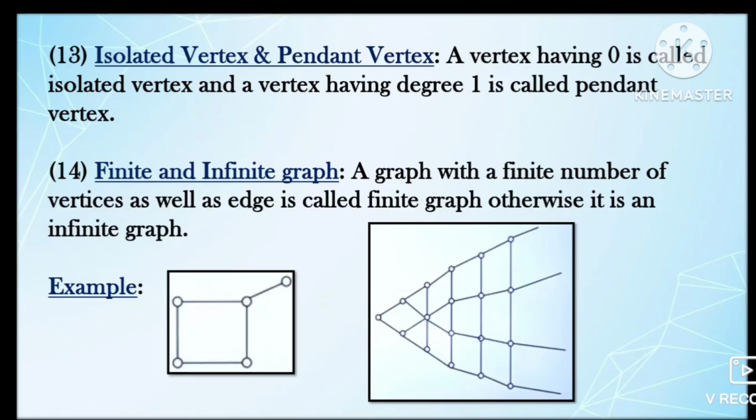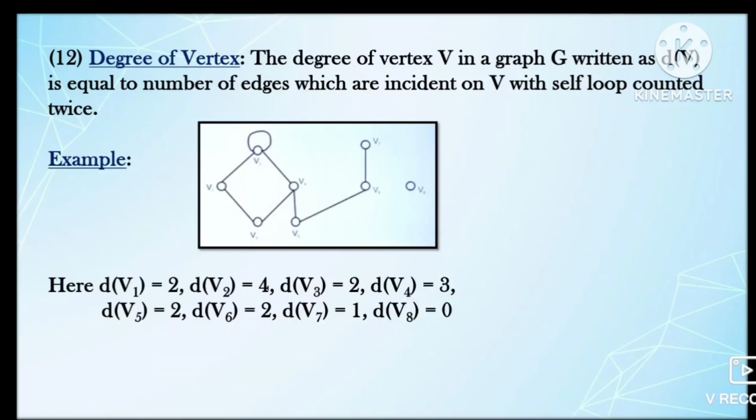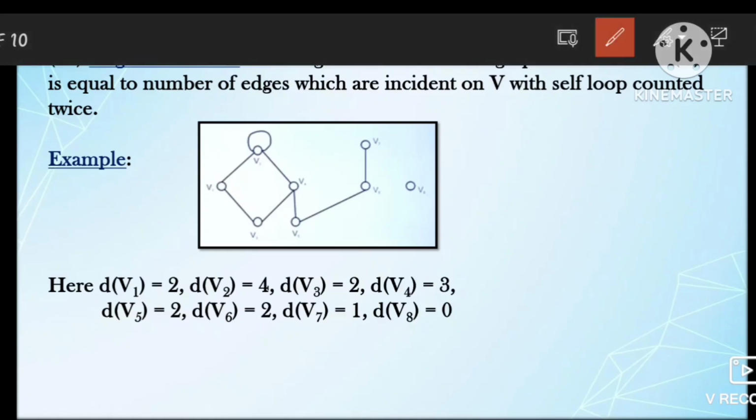Now 13th is the isolated vertex and pendant vertex. A vertex having 0 degree is called an isolated vertex and a vertex having degree 1 is called a pendant vertex. In the previous example, you can see that this was the V7 vertex and it was joined by only one edge.